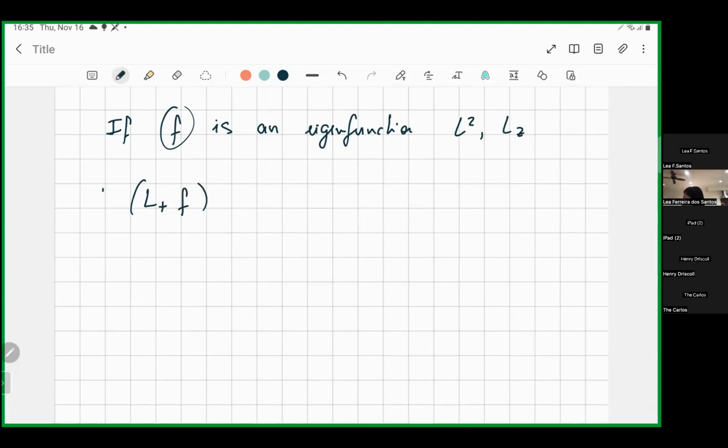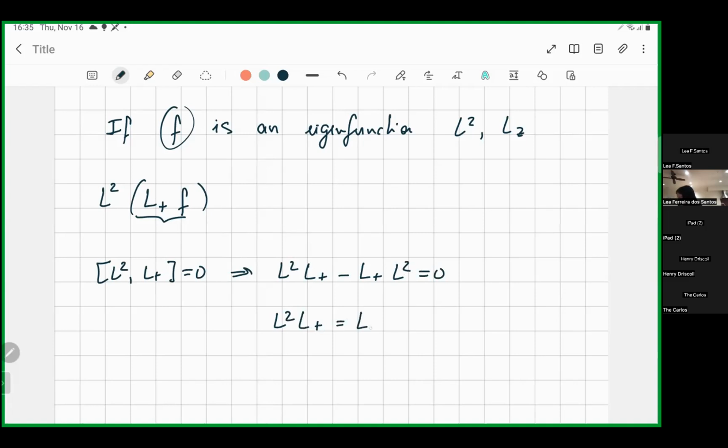I'm going to apply L squared to this and see if I recover this function. We just saw above that the commutator of L squared with L plus is 0, which means L squared L plus minus L plus L squared is equal to 0, so L squared L plus is equal to L plus L squared. So I'm going to rewrite this as L plus of L squared acting on the function.